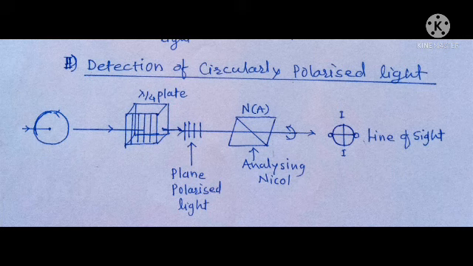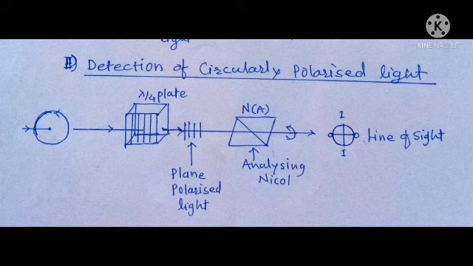In the first step, the light whose state of polarization is to be detected is passed through an analyzing Nicol prism, which is rotated about the line of sight as axis. Now if the intensity of light emerging from the analyzing Nicol is found to be uniform during one full rotation, then the light under test is either circularly polarized or unpolarized.